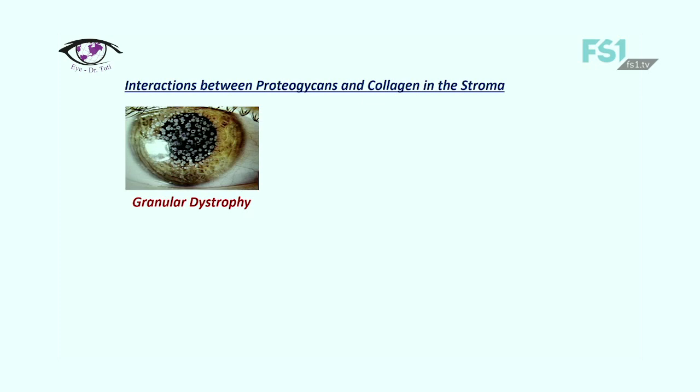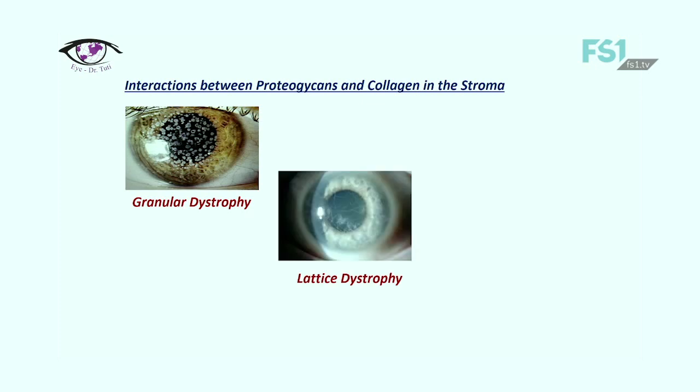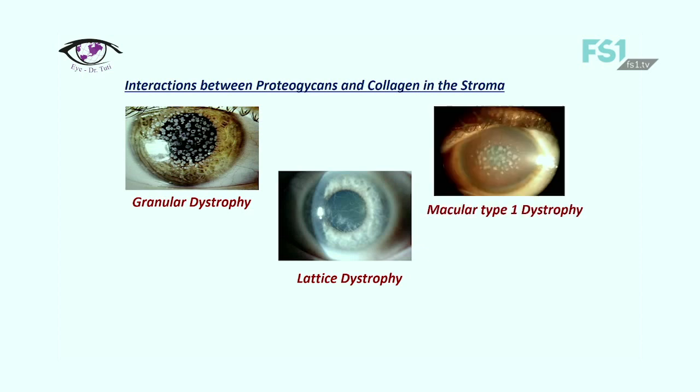For example, granular dystrophy is an autosomal dominant disorder in which microfibrillar deposits lead to corneal opacification, and this process is thought to reflect altered phospholipid metabolism. Another example is lattice dystrophy. Lattice dystrophy is a stromal disorder that results from the localized accumulation of amyloid.